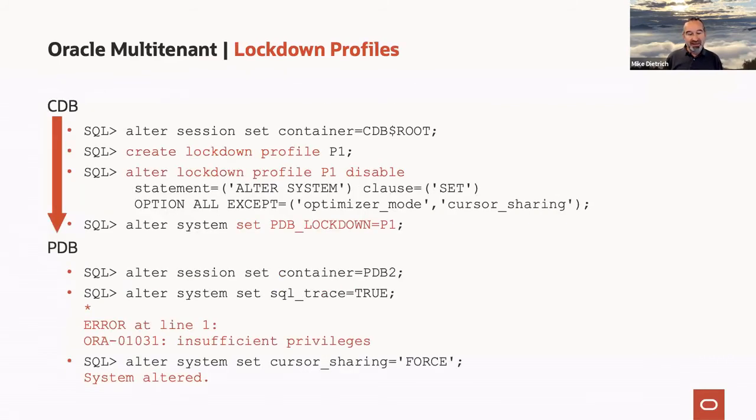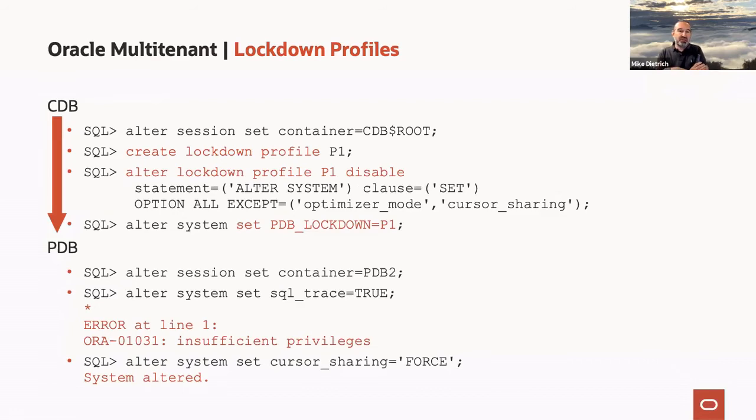Yeah, and this is one of my favorites, the lockdown profiles. The lockdown profiles actually came in with 12.2 as well. So the idea of a lockdown profile is that I can take away certain things or allow you only a few things which are not doable via the grant and role concept in Oracle.